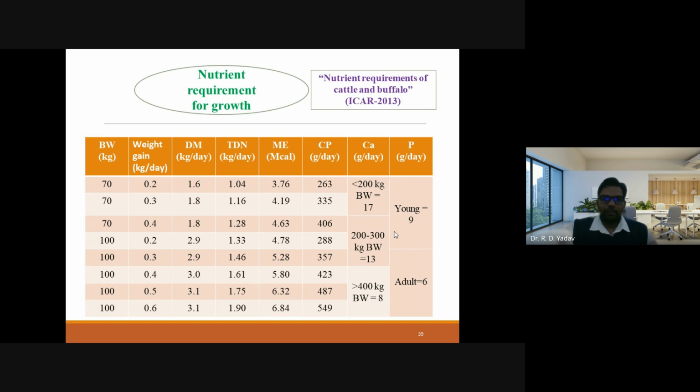So their DM requirement will be 2.9 kg, TDN requirement will be 1.33 kg, ME requirement will be 4.78 megacalorie, and CP requirement will be 288 grams per day. In case of calcium and phosphorus, they have been generalized per 70 to 100 kg body weight, and the phosphorus requirement is 9 grams per day.